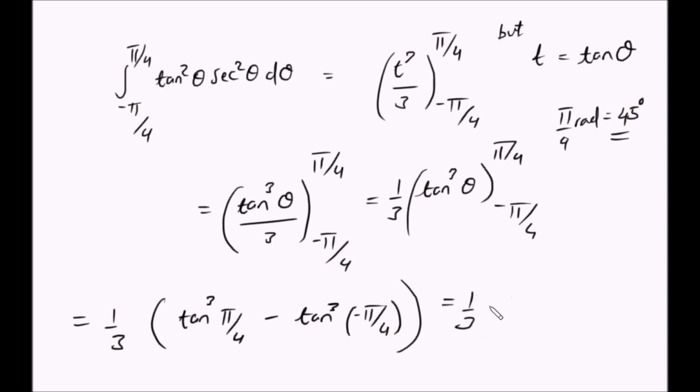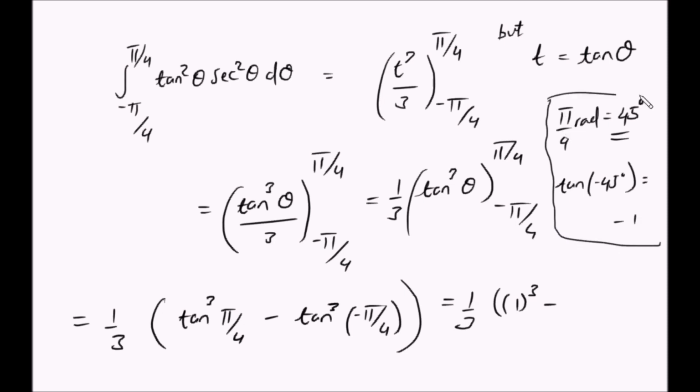So it will be 1 over 3, we have 1 cubed minus, and tan of negative 45 degrees is negative 1, so here we have negative 1 cubed. So 1 cubed is 1, negative 1 cubed is negative 1. So plus, what does the final answer become? 1 plus 1 is 2 times 1 over 3 is 2 over 3.